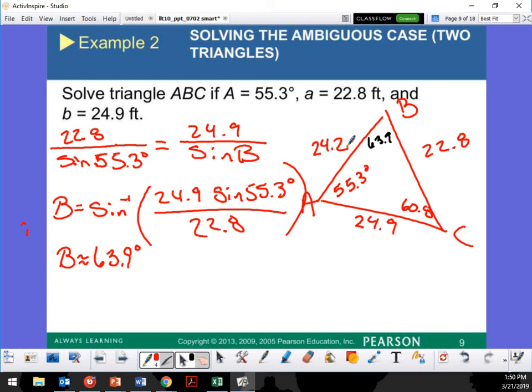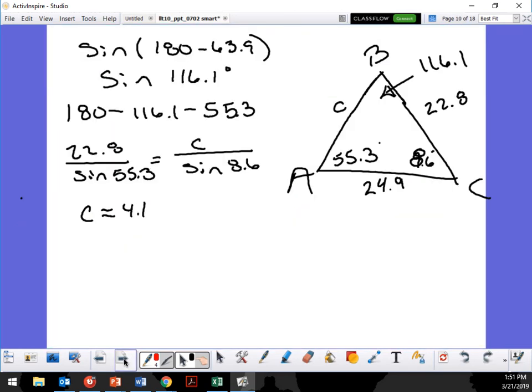the possibility of two different triangles. Whenever you get this, you have to solve for both triangles. So I have this one right here in red, which we did everything, and the other one in black. Because when I had the angle side side, I have to do this and see if this one's going to work out.